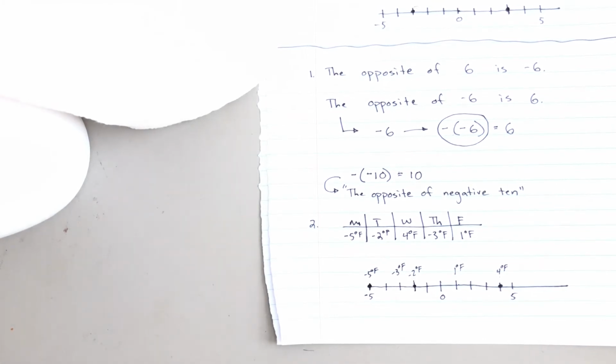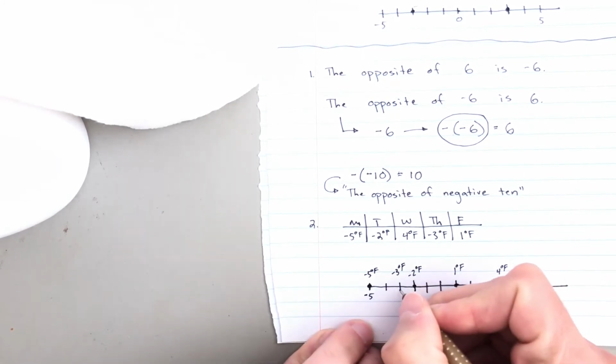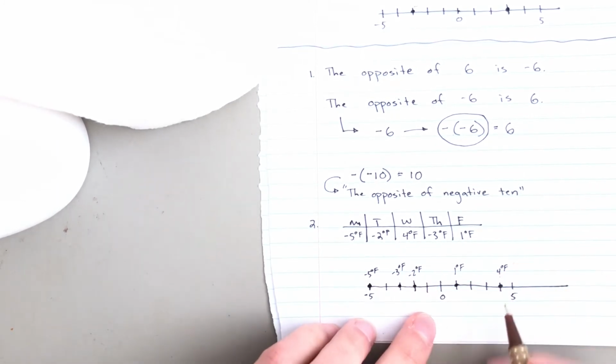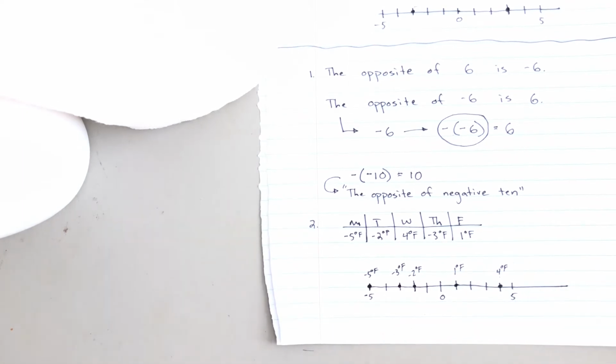And the question said, which was the warmest day? Well, then you just go to your number line and you figure out which plot point was the furthest to the right. And it's 4 degrees. So remember, just because the number is big, like the 5 here, if I take away any of the negative signs from it, 5 is the largest digit, but it's -5.